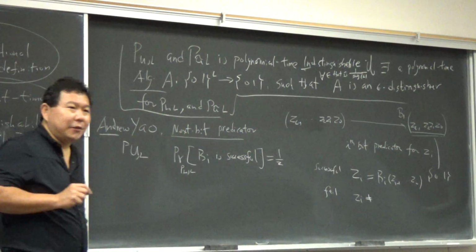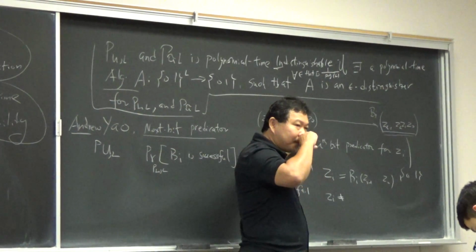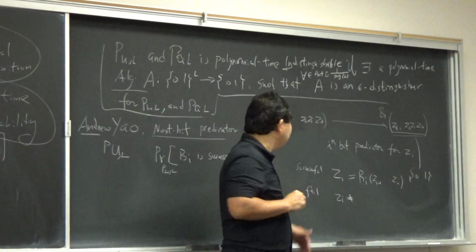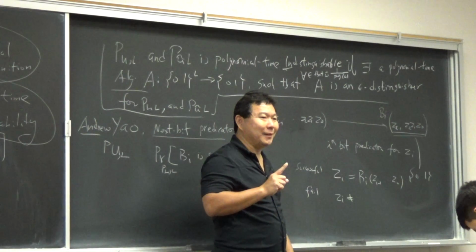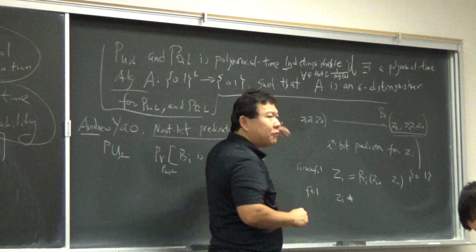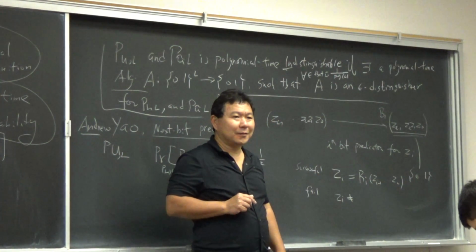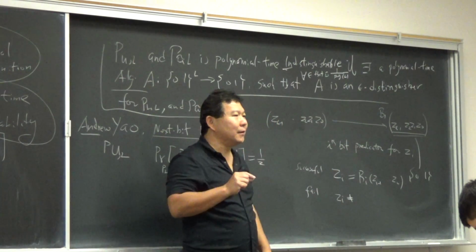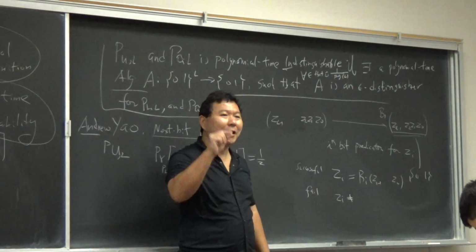So Andy Yao's intuition is the following: if a sequence is random, then intuitively you can't predict any bit correctly with better than half probability. And if a sequence is pseudo-random, then intuitively you can't predict any bits correctly with high probability either, with better than half.